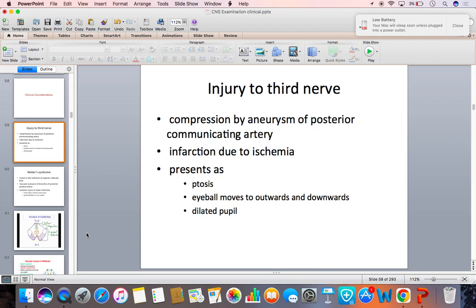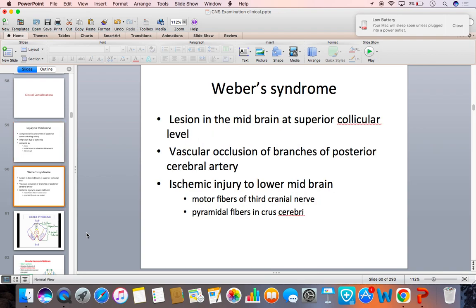After this brief note on the anatomy and blood supply, with regard to the clinical syndromes due to lesions in the midbrain, one such syndrome is Weber syndrome.